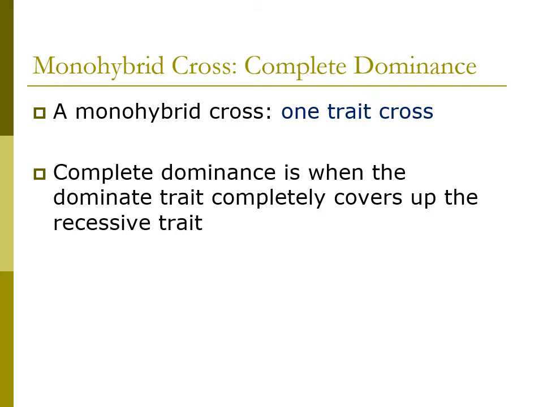Complete dominance is when the heterozygous, that big B, little b, individual is going to look like whatever the dominant trait is, in this case black, okay? It's like this little b is not even there. It's been completely dominated. So most of the crosses we're going to talk about here today are these monohybrid crosses with complete dominance. And next class we'll talk about some of the crosses that don't work that way.